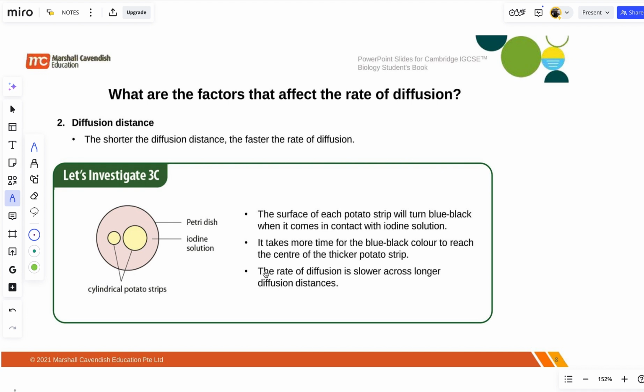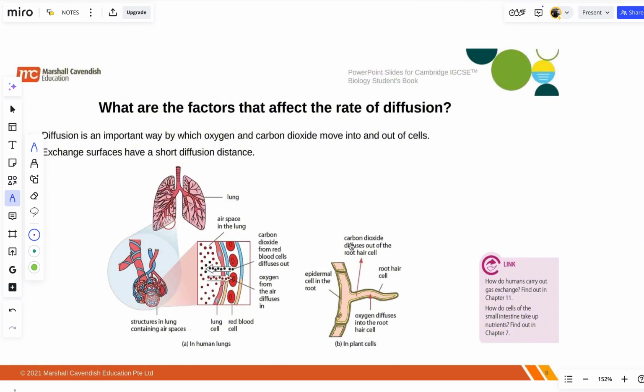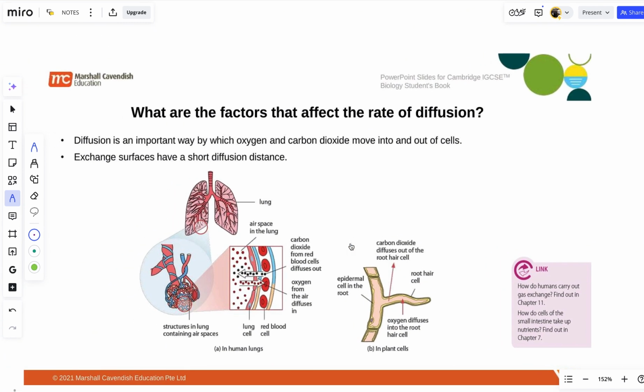It takes more time for the blue-black color to reach the center of the thicker potato strip than the shorter one, right? Now the rate of diffusion is slower across a longer diffusion distance. So that's that. Now let's go to the third one.